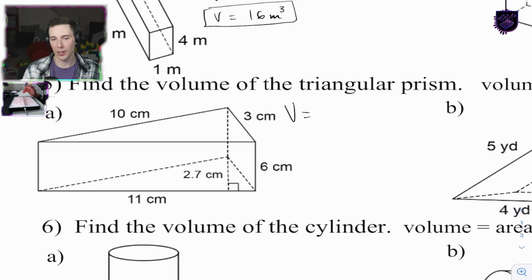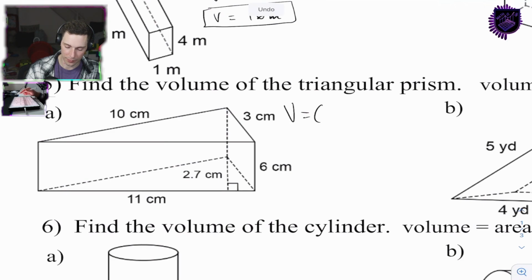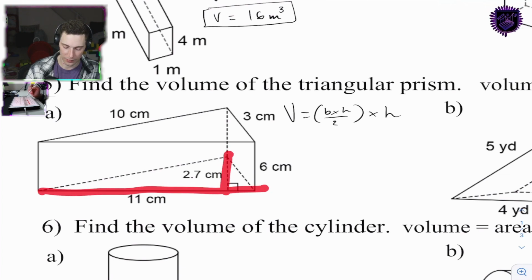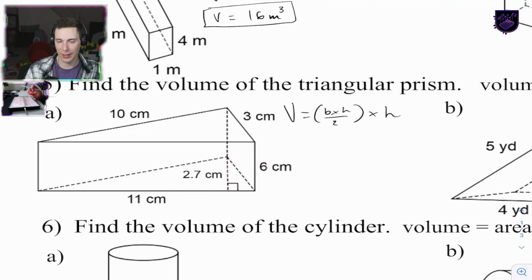Now, the area of this base is going to be base times height divided by 2, multiplied by this height, the height of the prism.